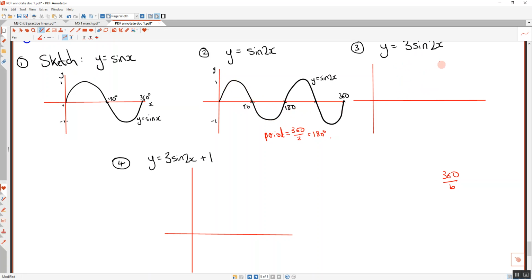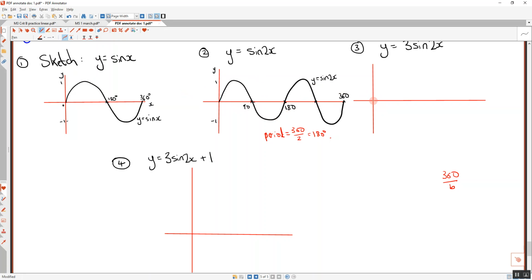What about this one? Has anybody done this yet? Well, I've done it. All right, John, what do we do for this then? All the way up to 3 and down to negative 3. Okay, and we keep exactly the same shape as this.